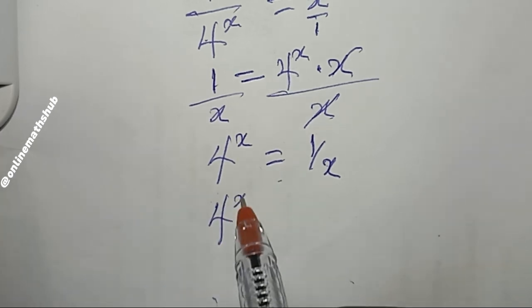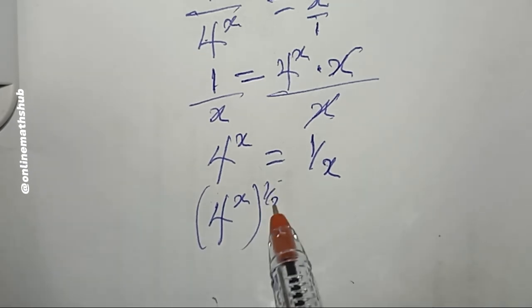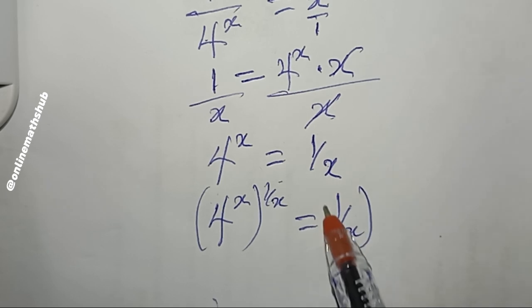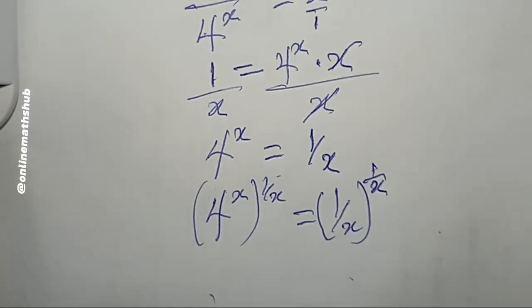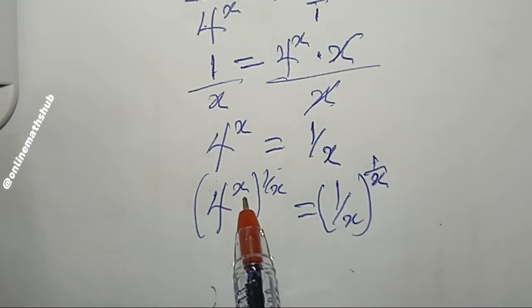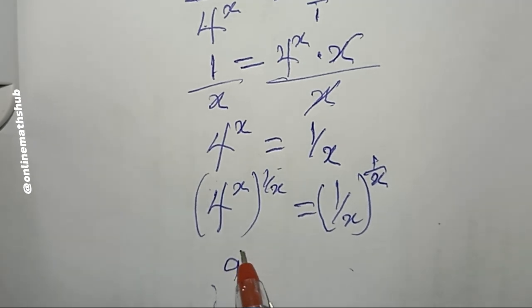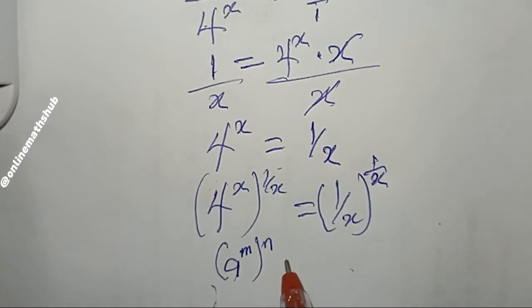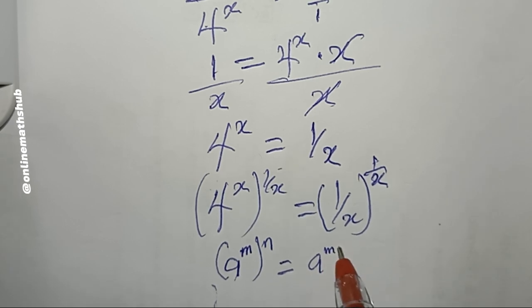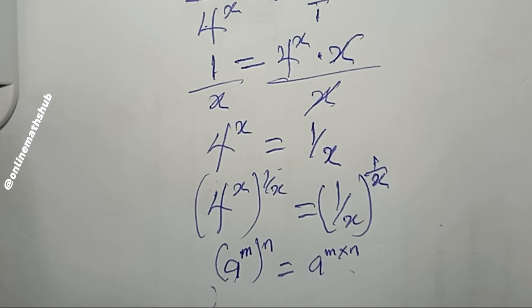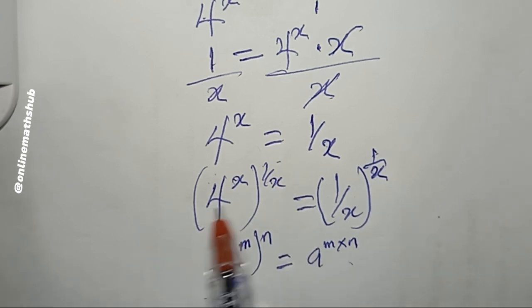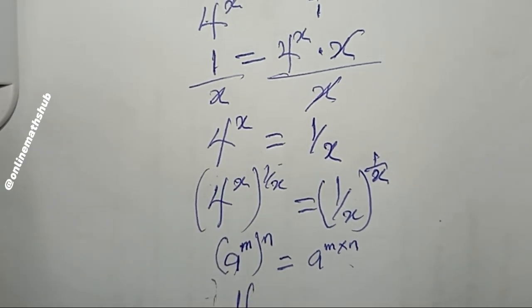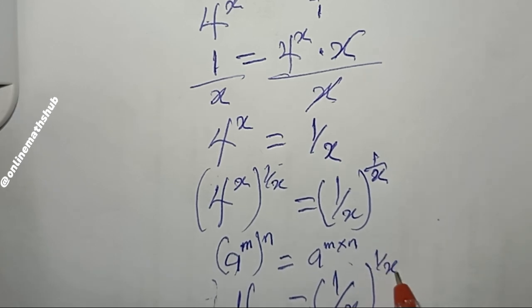So I have (4^x)^(1/x) is equal to (1/x)^(1/x). Using the rule that (a^m)^n is a^(m times n), I can use this x to multiply the 1 over x, and the left-hand side collapses to 4, while the right-hand side remains (1/x)^(1/x).